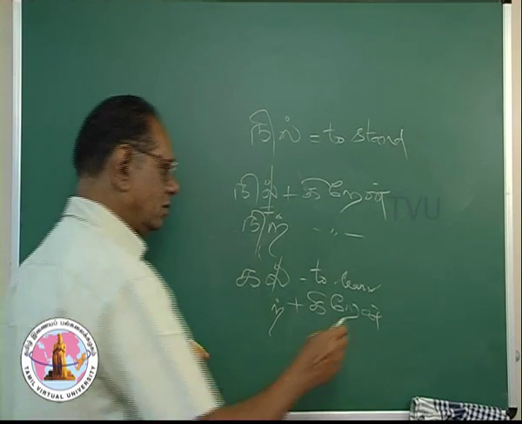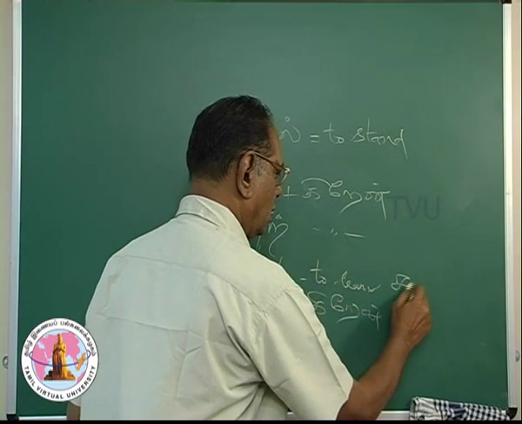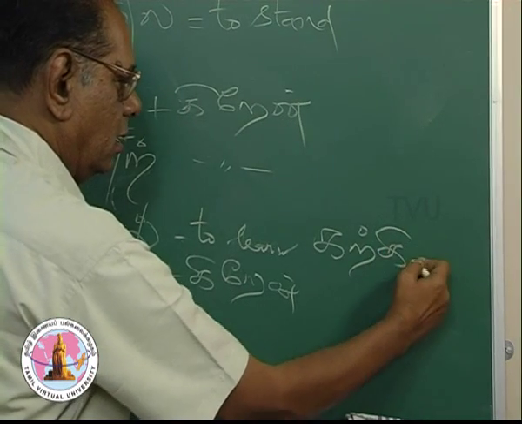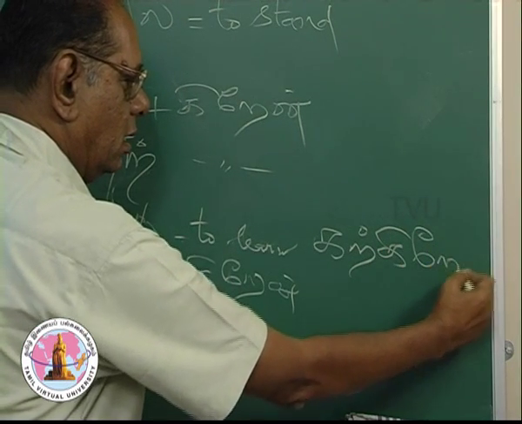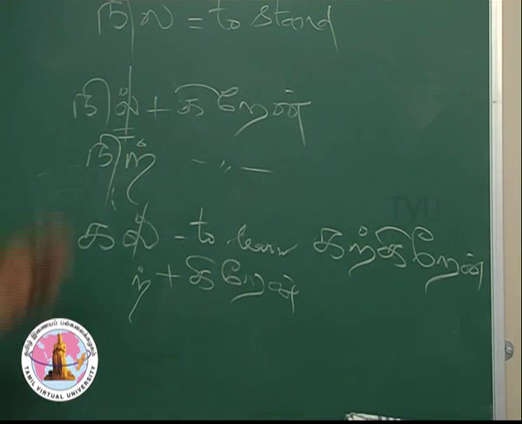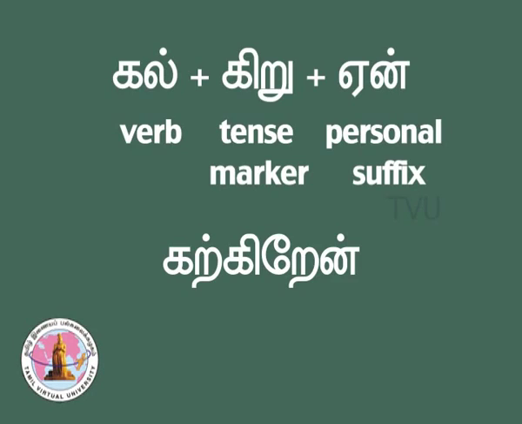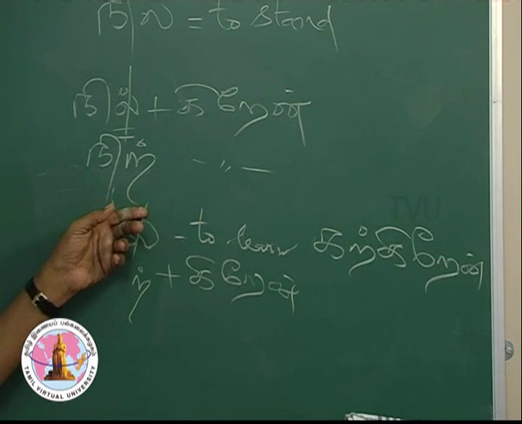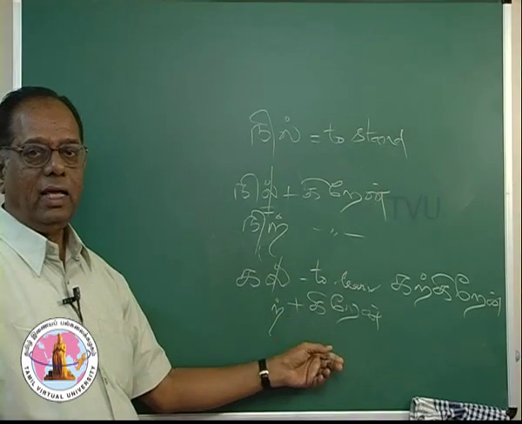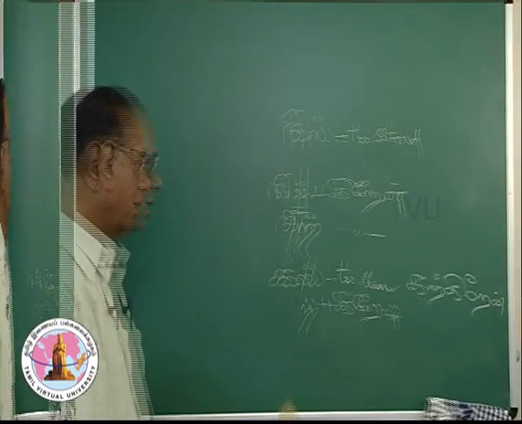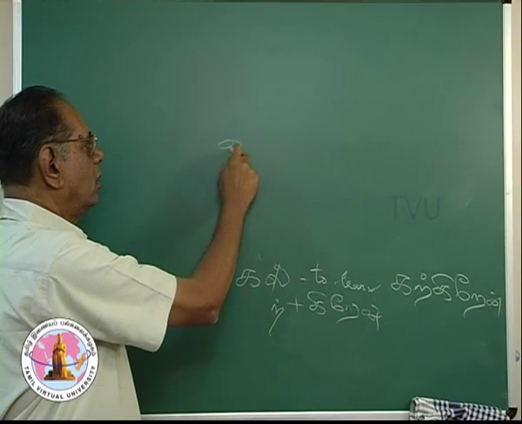The result is karkiren. Nil plus kiren, nirkiren. Kal plus kiren, karkiren. Karkiren, I learn. We will see one more.